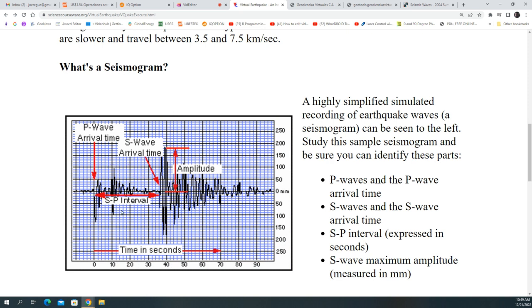But there are other things that show on the records: reflections from the core, reflections from the mantle, the outer core, the inner core, a lot of data. And then we also have the surface wave that travels along the surface.